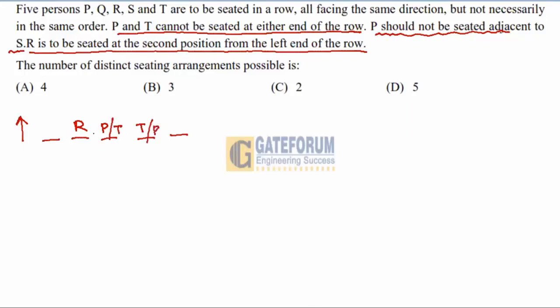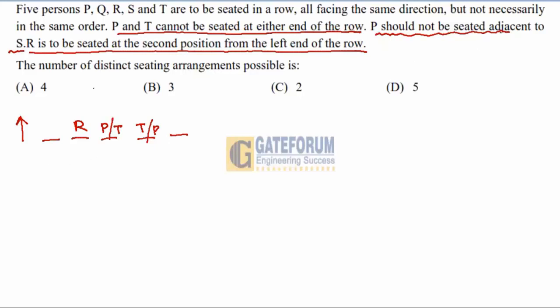Naturally, because neither P nor T will sit at either end of the row. In that case, who are going to sit at either end? The only people left are Q and S. But it has been said that P should not be seated adjacent to S.